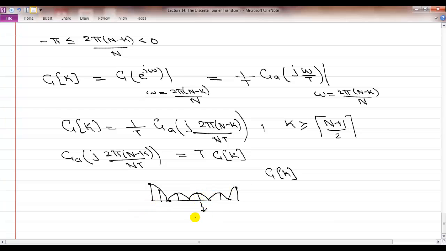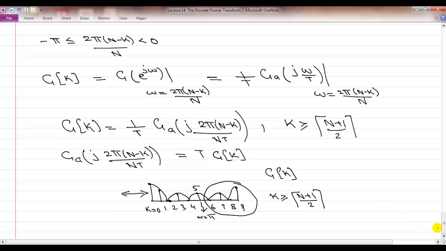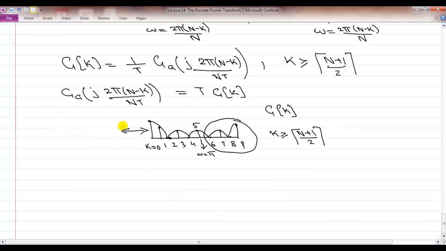This was my omega equal to pi point. So this is k equal to 0, 1, 2, 3, 4, 5, 6, 7, 8, and 9. The first thing you do is move these indices for k greater than or equal to N plus 1 by 2. In this case, N was equal to 10. I move these here in this region. So I get a new sequence which looks like this.